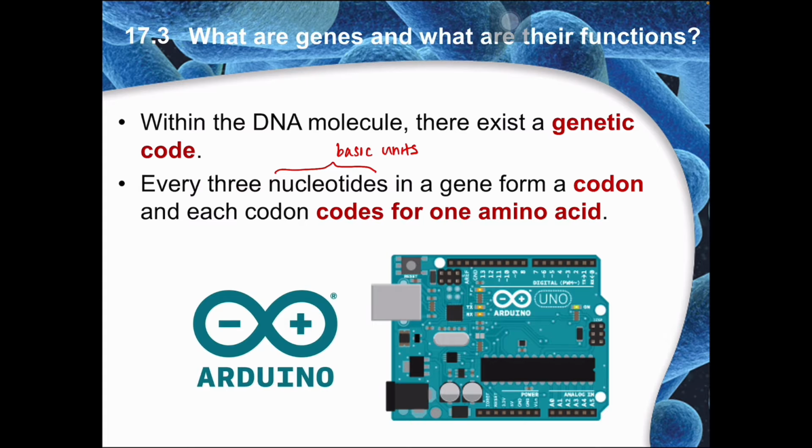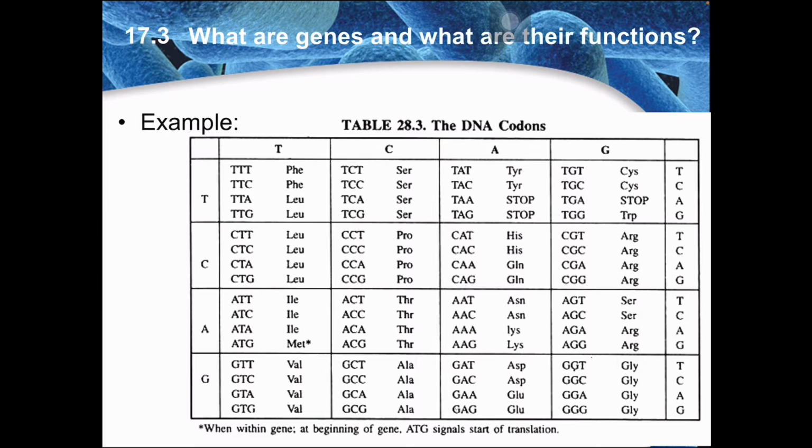In Arduino, there's also the idea of coding. By keying in a certain set of instructions, you can ask the Arduino to do a certain function. Likewise, in the DNA, if we read the nucleotides based on a certain sequence, every 3 nucleotides will allow the DNA to know that it must code for a certain type of amino acid. So this is how the DNA codes for it.